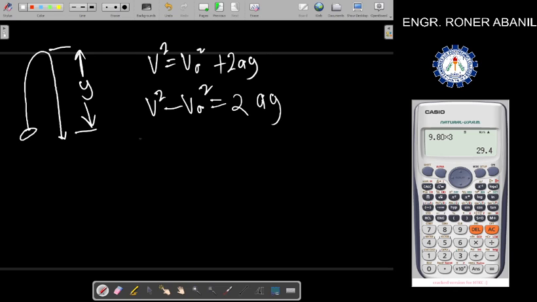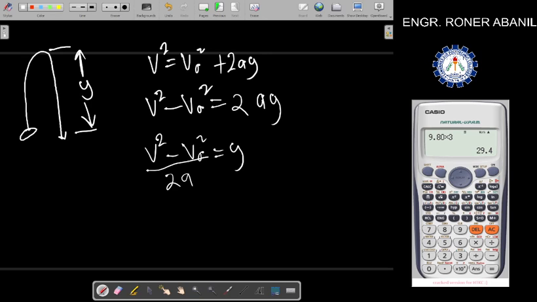Tapos i-divide ko to. Magiging v squared minus v0 squared over 2a, magiging y yan. No? Pwede ko nang gamitin tong formula na to.